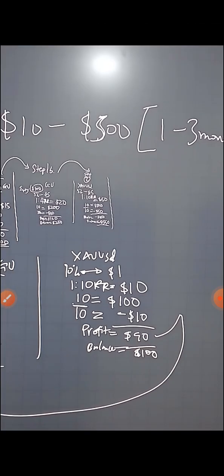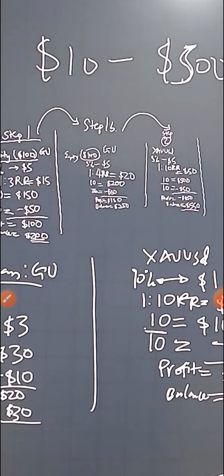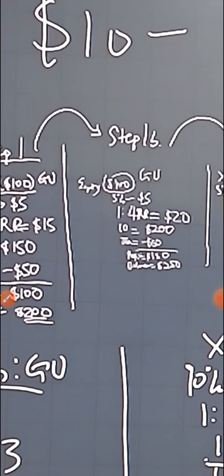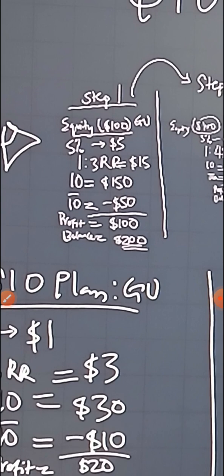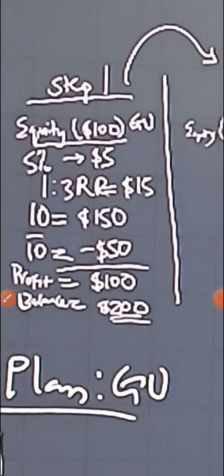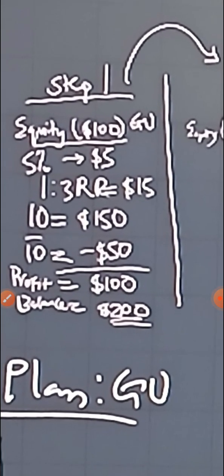Okay, now let's go to the next phase of this plan. We have step one. Our equity is now $100, provided we went through the route of XAUUSD. If we went through the route of GU, we might have to do that for a couple of days, probably a couple of weeks, or perhaps a month to get to $100.